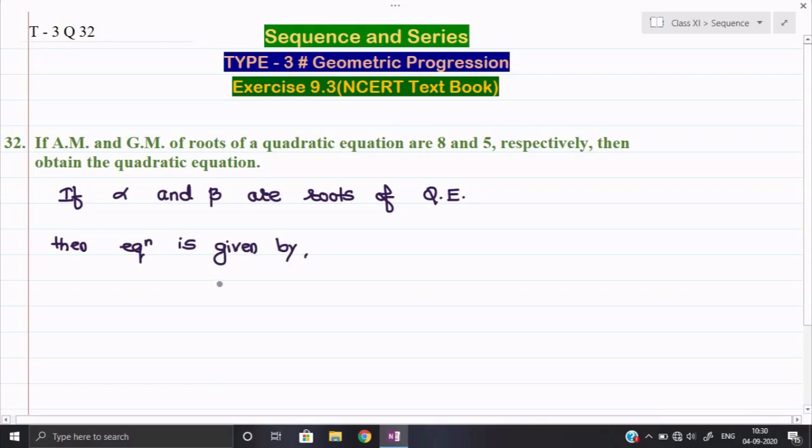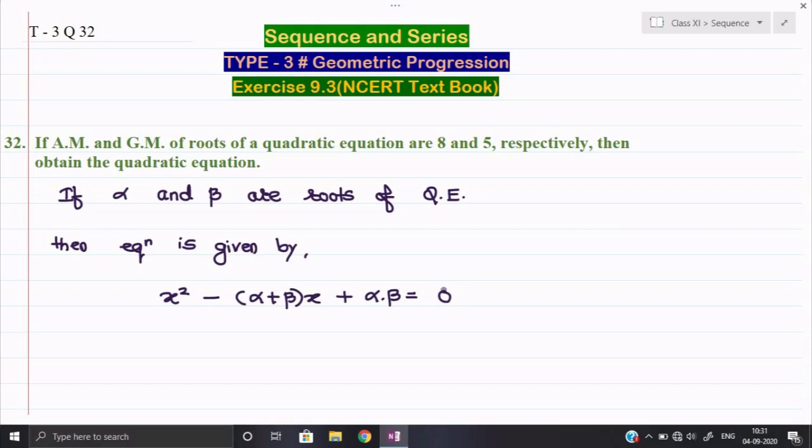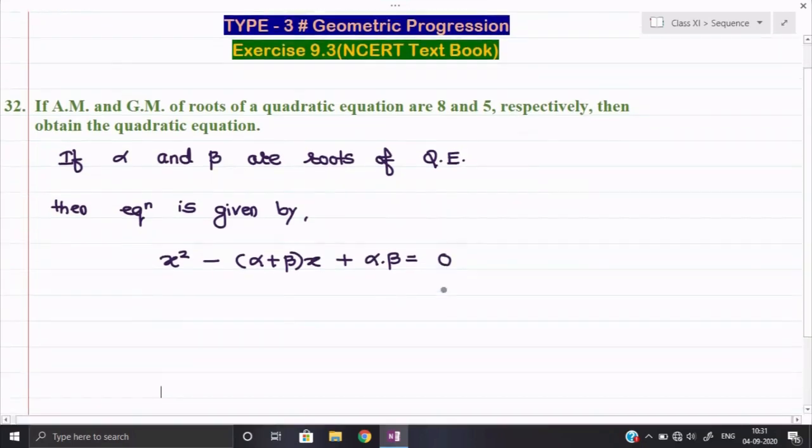Try to remember, we have written x square minus the sum of the roots, means alpha plus beta, into x, plus the product of the roots, means alpha into beta, is equal to 0. So the equation will be given in this manner. Now in this question, to obtain the quadratic equation, I need the values of alpha plus beta and alpha into beta, which I will put in this formula to get the required answer.